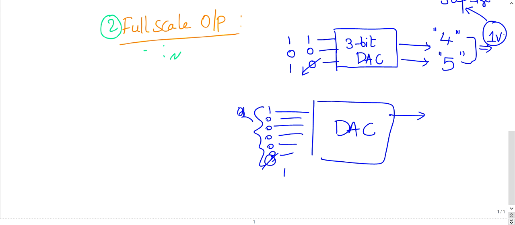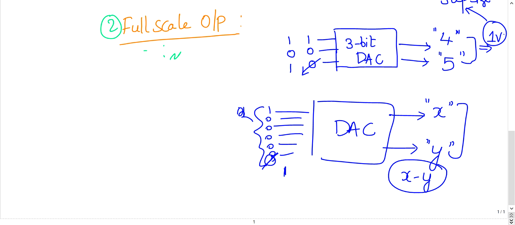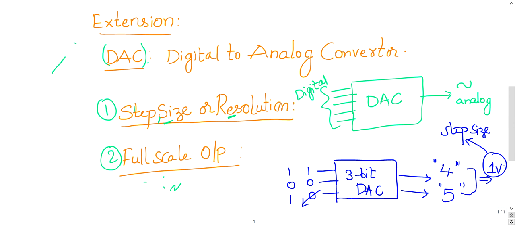So for the first time, all zeros, assume the output is x. Second time, when you replace the last 0 with 1, assume the output is y. These are two different cases I am showing on the same DAC. The difference between x and y, x minus y, is nothing but step size. This is nothing but resolution. So I think you have already understood now what is step size.